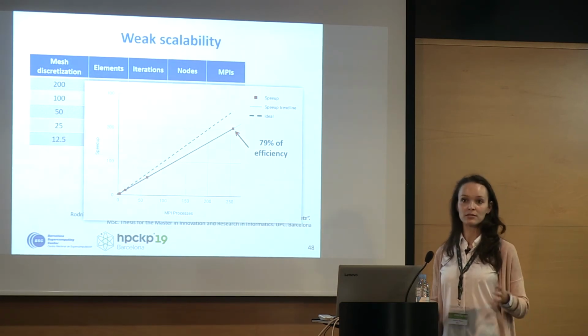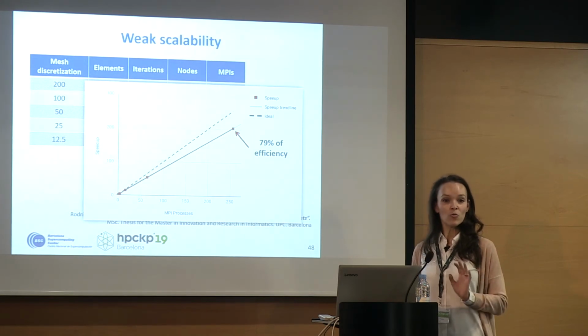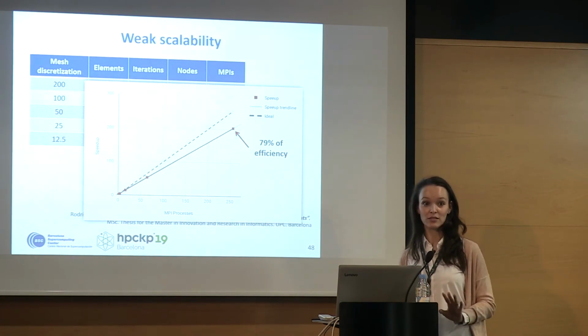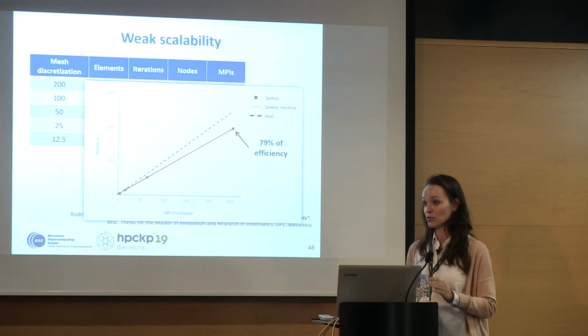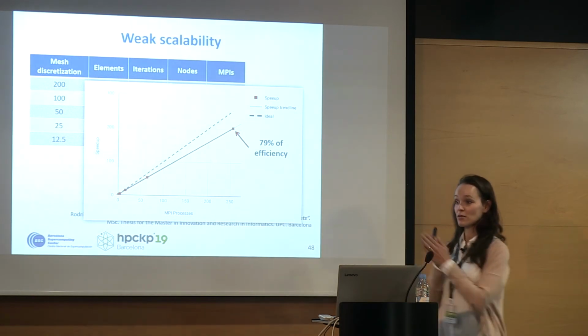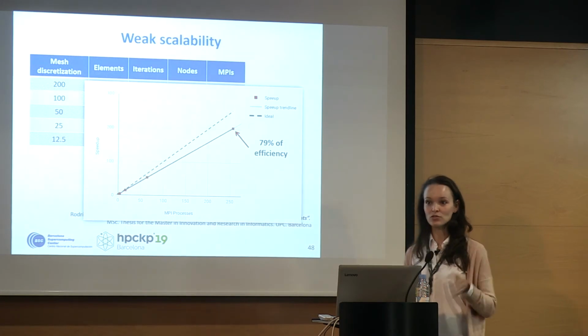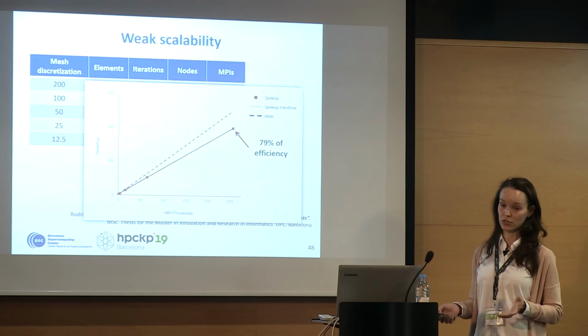It has very linear scalability, considering we didn't think too much about optimization. We haven't started optimizing the production code generated by EVA. We only took the sequential code, parallelized it, and ran it. And just out of the box, you get in weak scaling almost 80% efficiency, so it's pretty good.